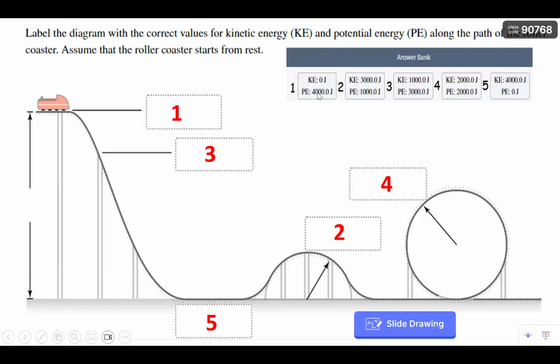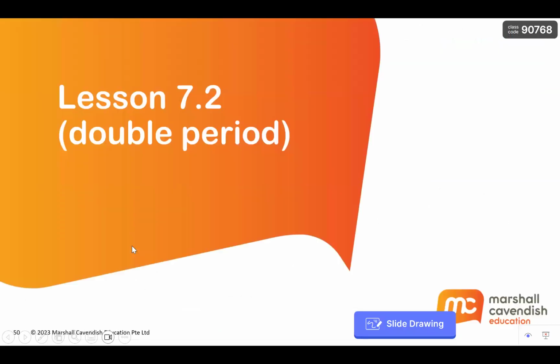So it's 4,000 plus 0, 1,000 plus 3,000, 3,000 plus 1,000, 2,000 plus 2,000, and 4,000 plus 0. The total energy will always be the same at 4,000 joules. Okay, so that's it for this section.